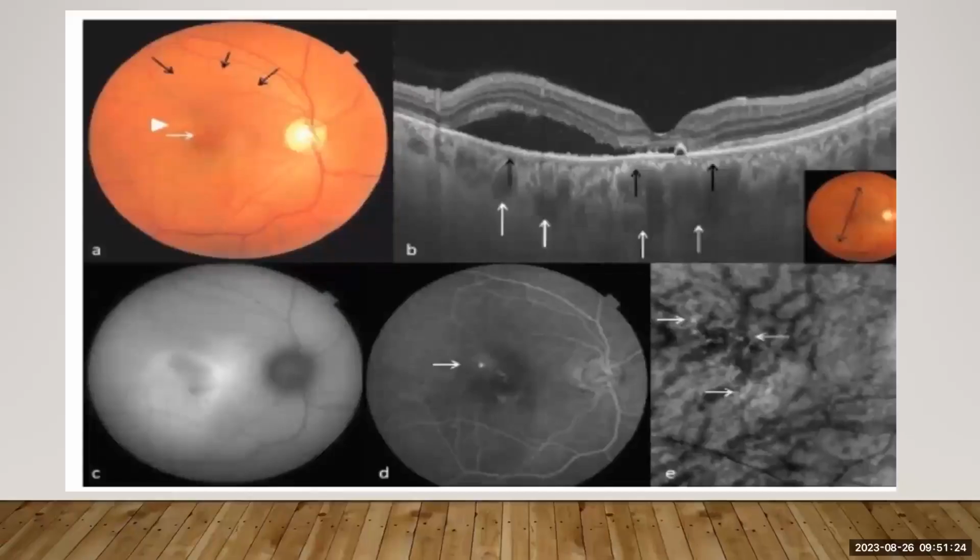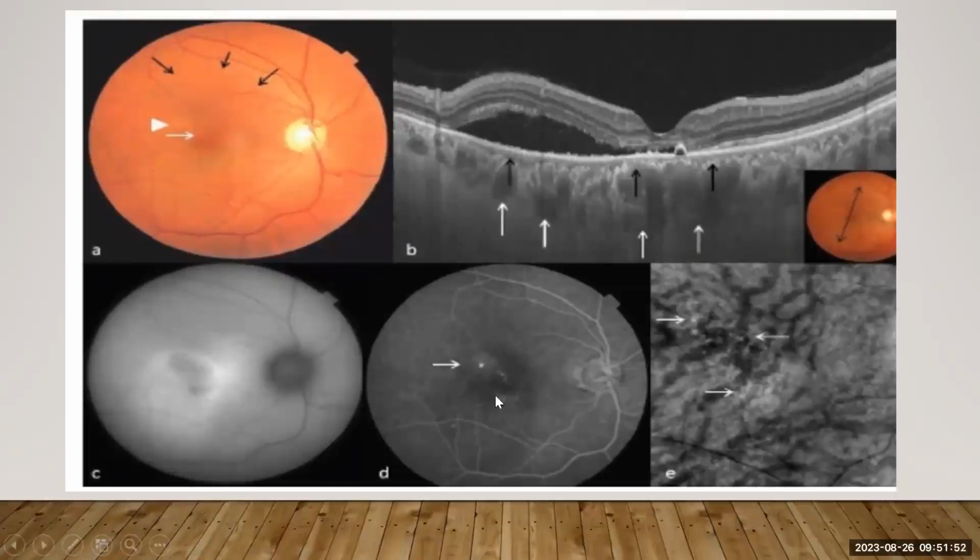Okay, so this is another image, but I think the FA has given it away as it is. This is the FFA, the hyperfluorescence that we report as ink dots, smokestack. This is the ink dot stage on FFA.